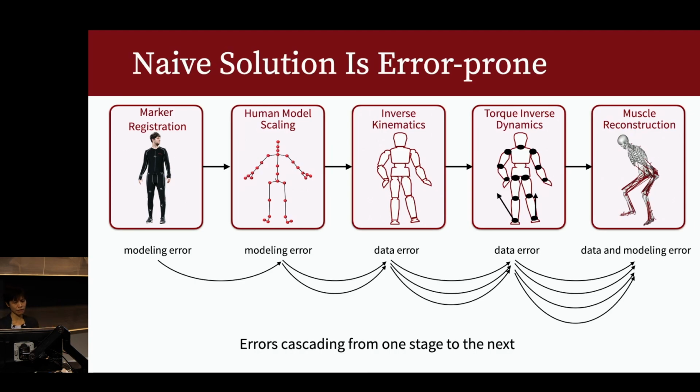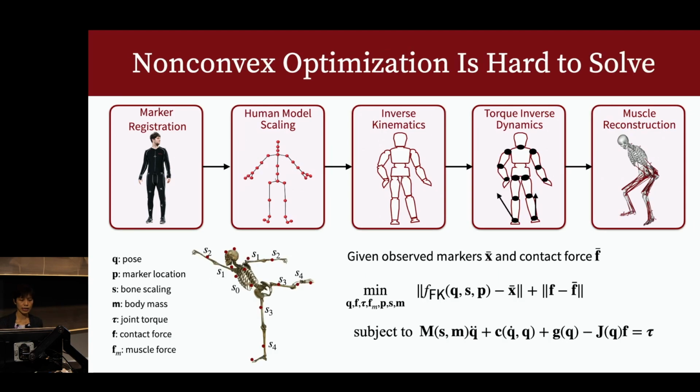It becomes very difficult to fix it at that point. So the right thing to do is to consider all the variables at once. We could formulate a joint optimization that simultaneously solves for the joint angles, the marker locations, the bone scaling factors, body mass, joint torque, contact force, and muscle force.